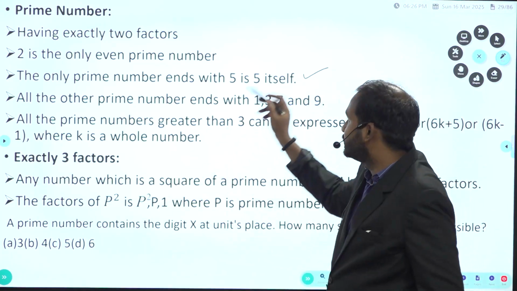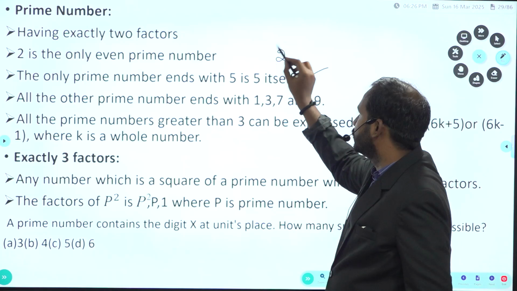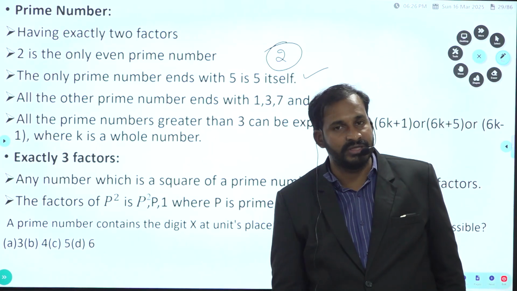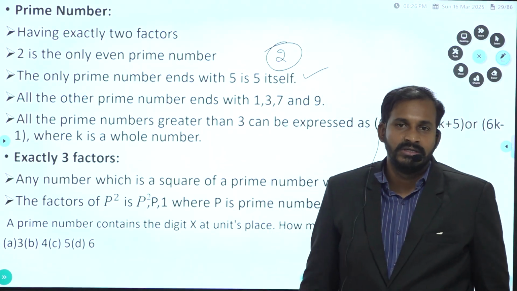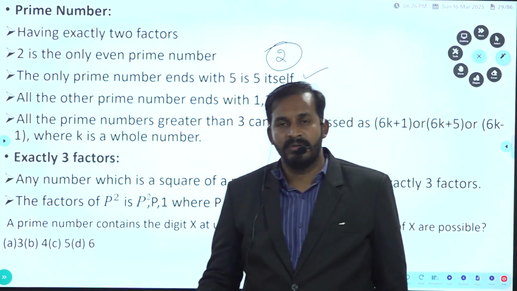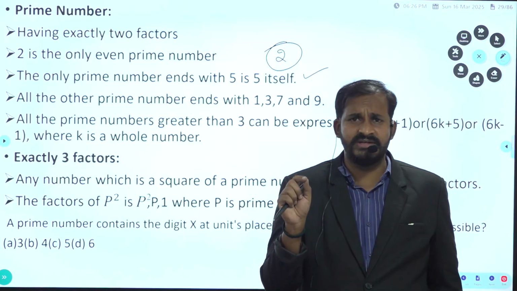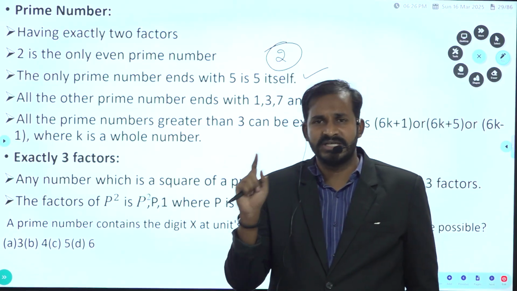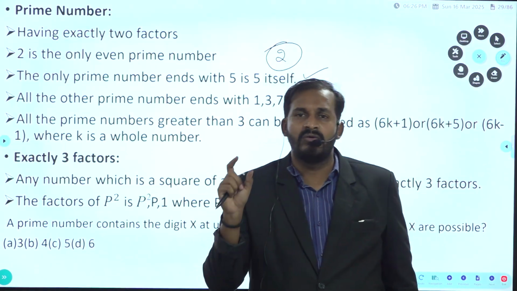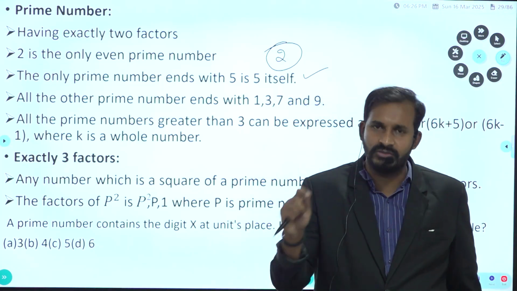Similarly, the only prime number which ends with 2 is 2 itself.